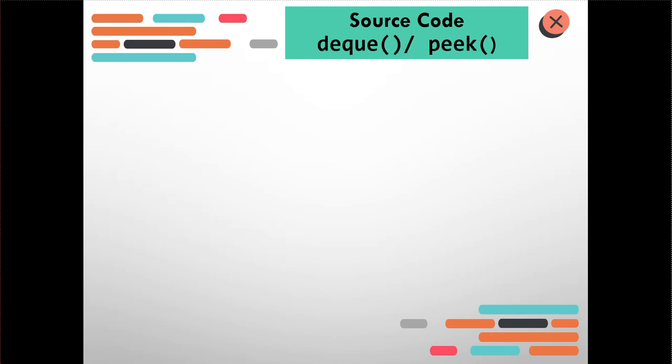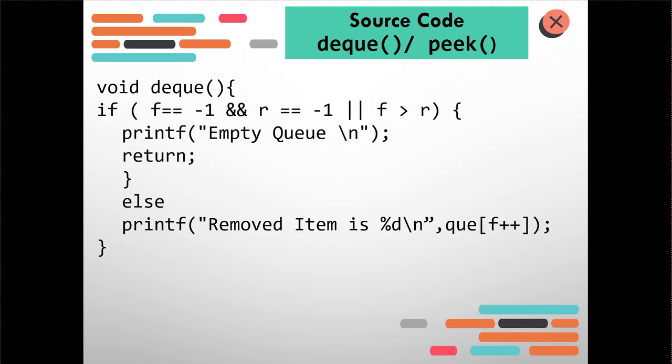So the last function that we will be implementing is the dequeue function. Dequeue, as we just discussed, removes the topmost element. For the time being, I would like you to concentrate on this part only, leave the other part.